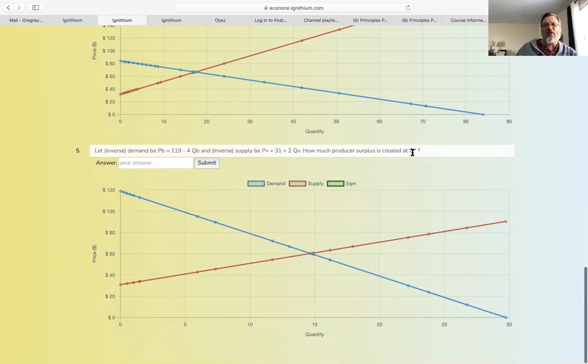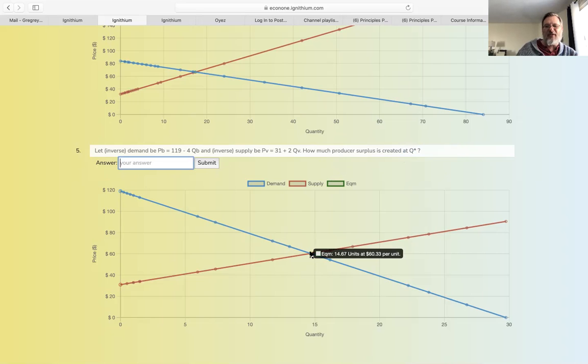And this is the 5th one. How much producer surplus is created at Q star? So these are a little bit tricky. I'll try to help you out with this a little bit. I think the right answer is going to be 0, because it's talking about the producer that sells the very last unit. Here you see the equilibrium quantity is 14.67.